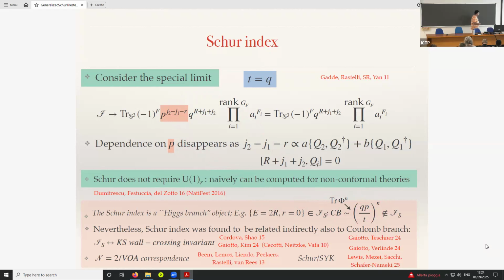This is on one hand. On the other hand, there are several works by now, many works, which related the Schur index to some Coulomb branch computations. Most notably, this work of Cordova-Shao and some follow-up works, where the Schur index of N=2 theories, which is something you count using the UV CFT, could be obtained by studying the Coulomb branch of the theories, say the BPS particles of the theories, and constructing something called KS wall-crossing invariants.